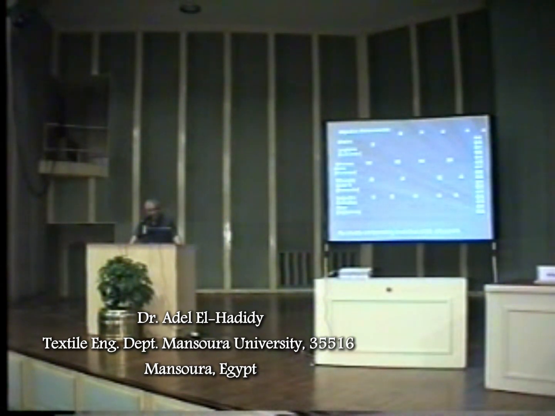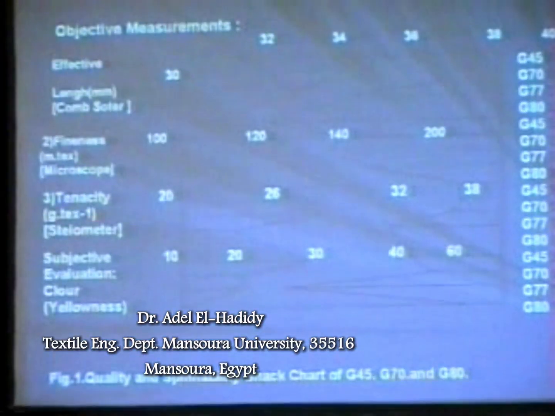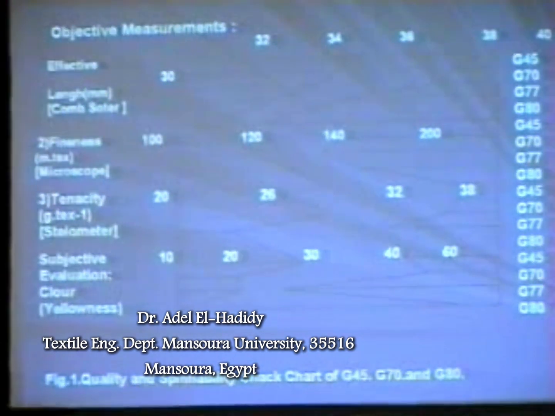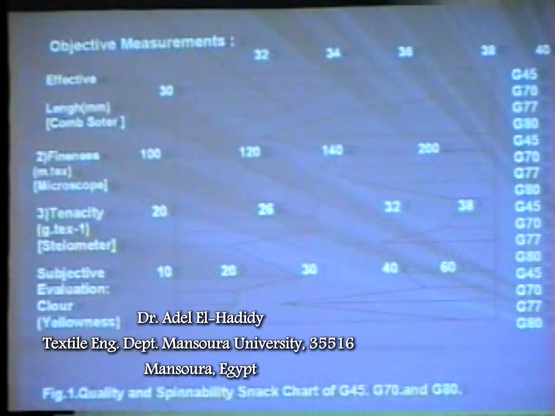Figure 1 shows the quality and spinnability snap chart of Giza 45, Giza 70, and Giza 80. The selected properties were length and fineness. Indeed, these are the two main characteristics of the cotton for every spinner. He needs to know the length of the fiber and the rate of fineness. Maybe the other properties are also necessary, but these take the first and second ranking.